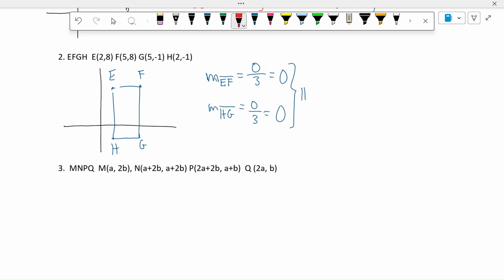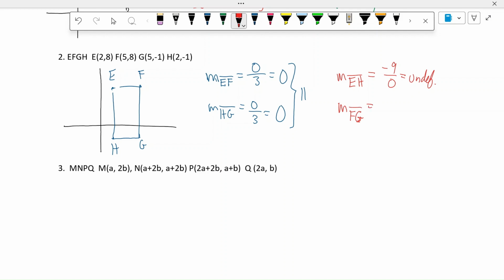For the other sides, let's look at EH. Slope of EH. -1 minus 8 is -9. 2 minus 2 is 0. That is an undefined slope because we can't divide by 0. And then we're going to compare that with the slope of FG. FG right here.